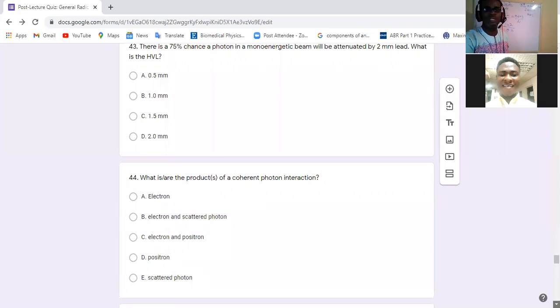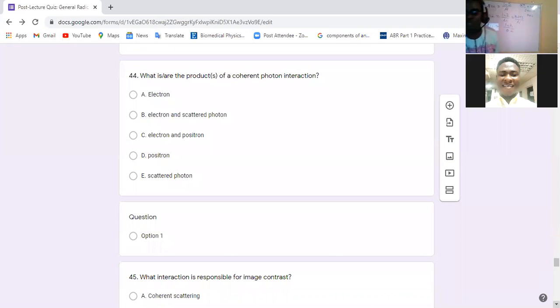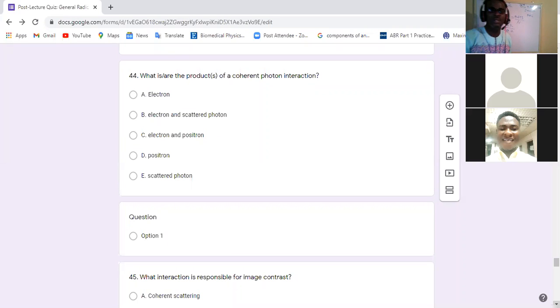44. What are the products of a coherent photon interaction? Option B. No, it's E now.